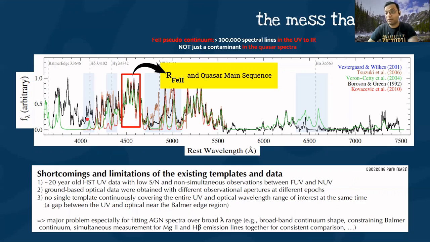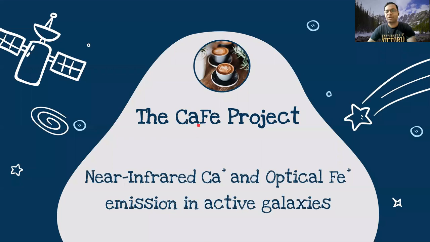There are over 300,000 spectral lines ranging from the ultraviolet to the infrared, which makes the study of this ion quite challenging. In order to negate the complexity that arises from iron studies, this was the main motivation behind the introduction of the CaII project.